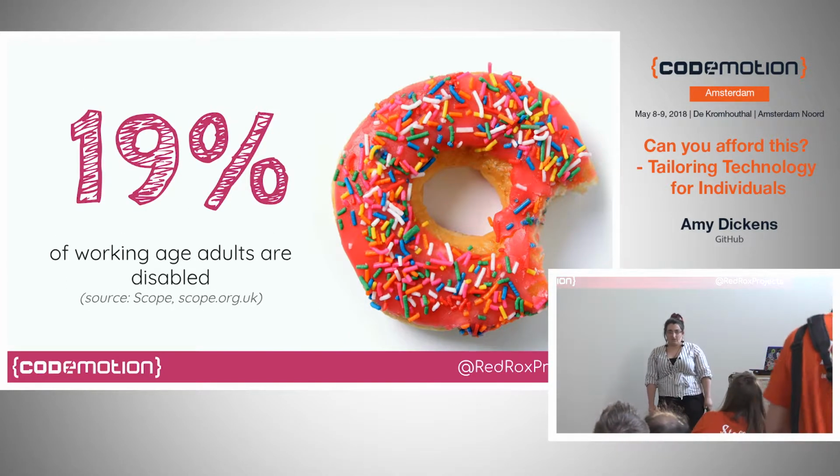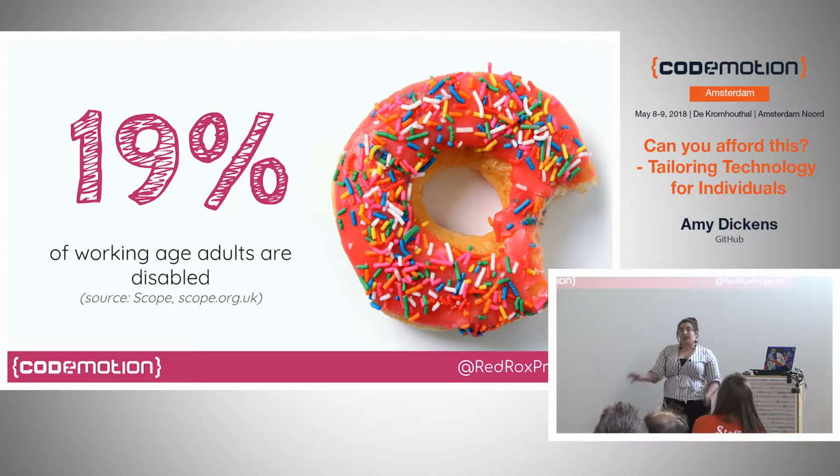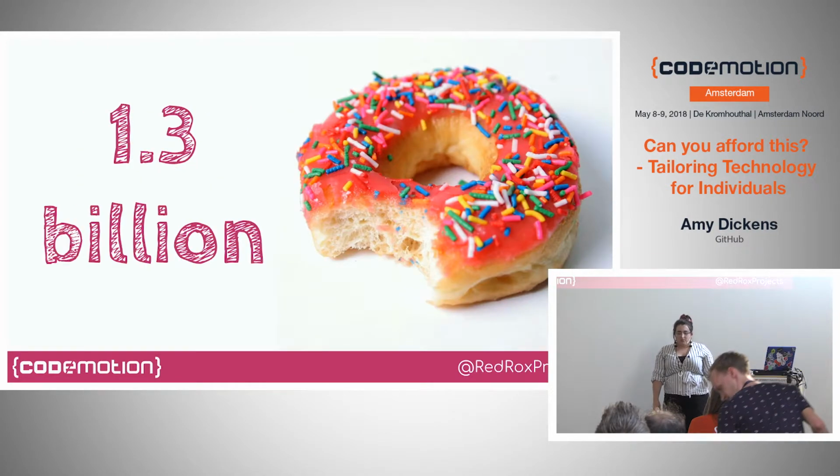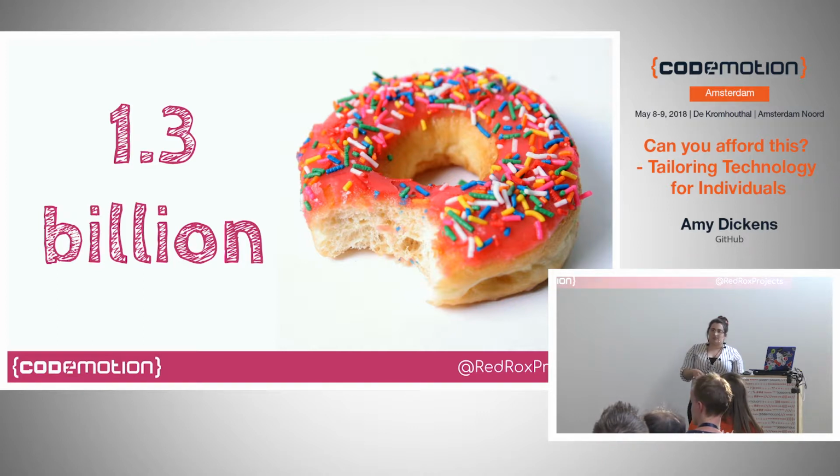So 19% of working age adults, this is where that comes about. And this figure is a bit tricky because when you look at it from different angles, the number is actually quite large, 1.3 billion people. But you can't necessarily rely on that data because that's asking people who have disclosed a disability. And much like with mental health status and many other things, there's a lot of stigma that's attached to actually disclosing that information.